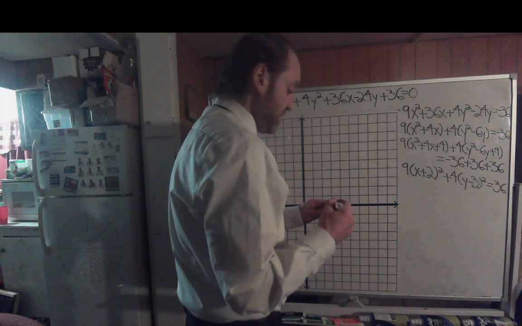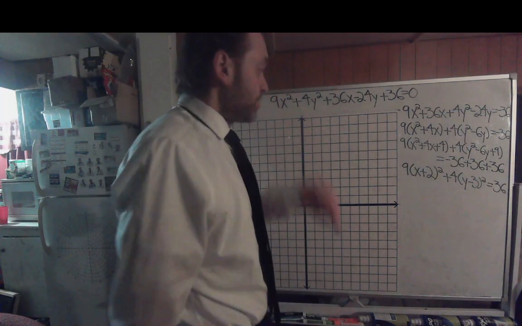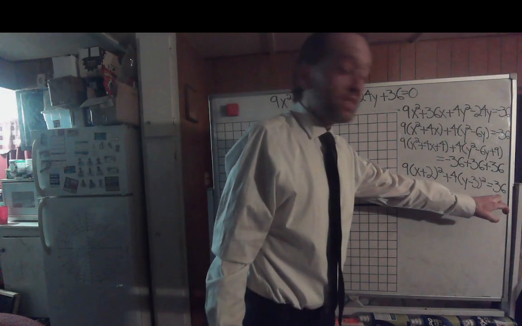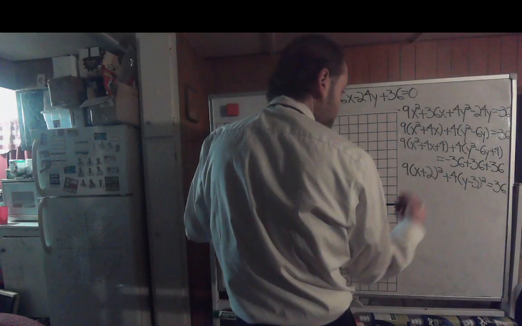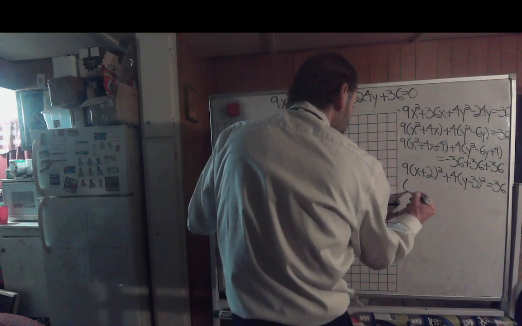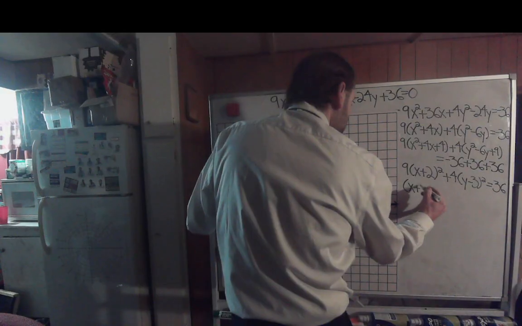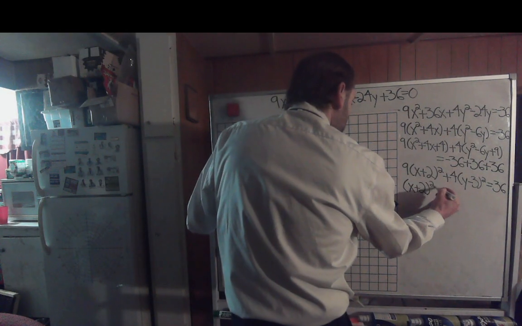Now one more thing. The right-hand side equals 36. It should equal 1, right? So divide both sides by 36. You'll end up getting x plus 2 squared all over 4 plus y minus 3 squared all over 9 equals 1.